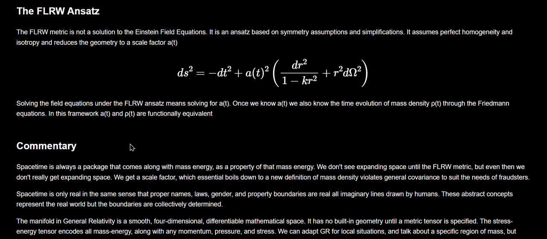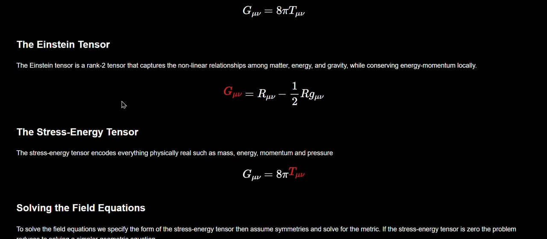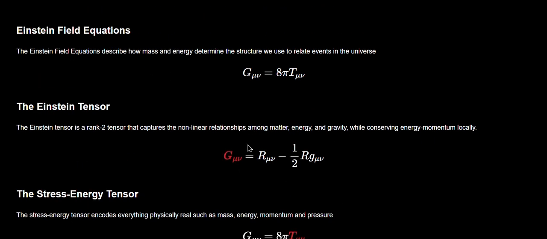Space-time is not... I went over all of this. I had to go over the Einstein field equations because I want you to understand that space-time is not a physical thing that possesses properties of its own. The space-time is in the stress-energy tensor.